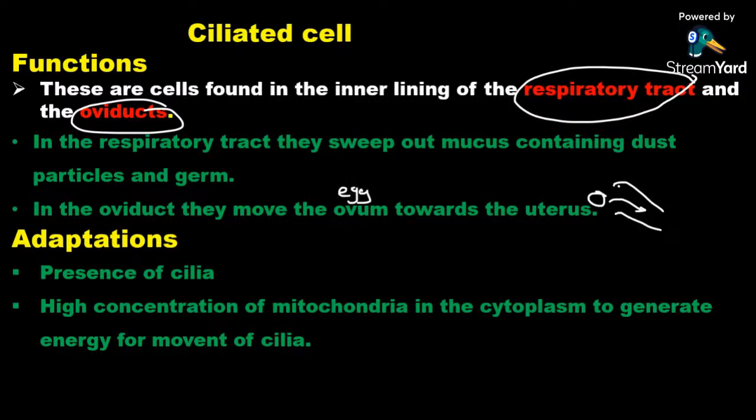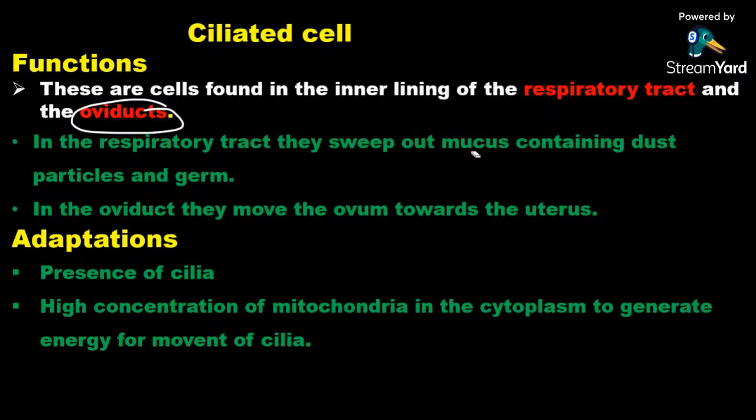What about adaptations? This is where the confusion comes in. If you fail to understand what the term adaptation means in this case, you are going to miss a point. Adaptation just means special features.